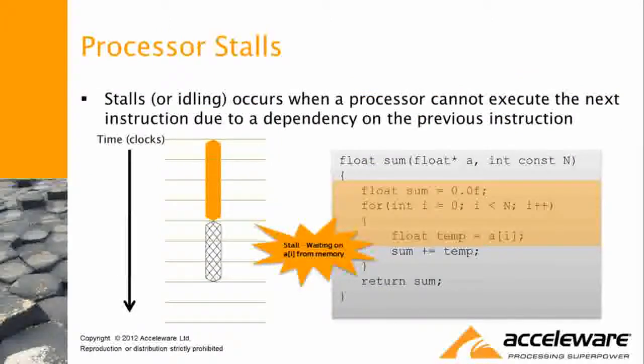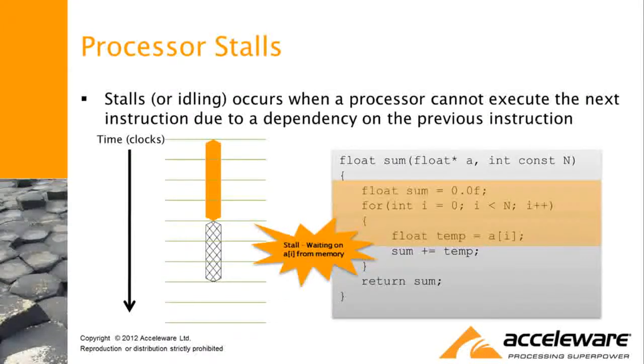Time to talk about those if statements and things that make your GPU stall. A stall on the GPU occurs when your processor cannot execute the next instruction due to a dependency on the previous instruction. And this is a perfect example. You've got some sort of kernel here, reading information in from memory into this float temp.